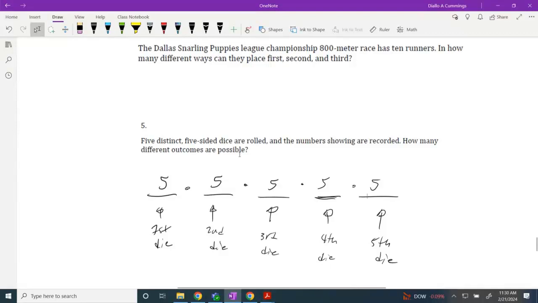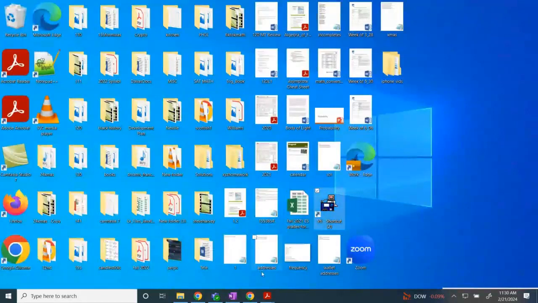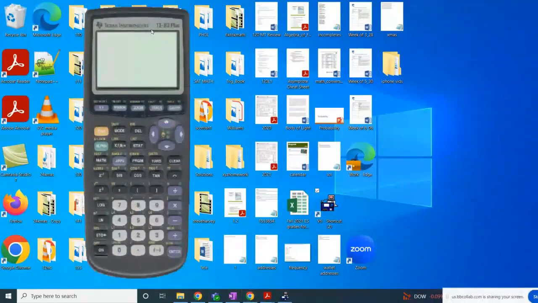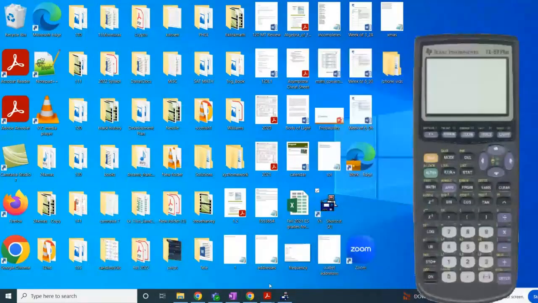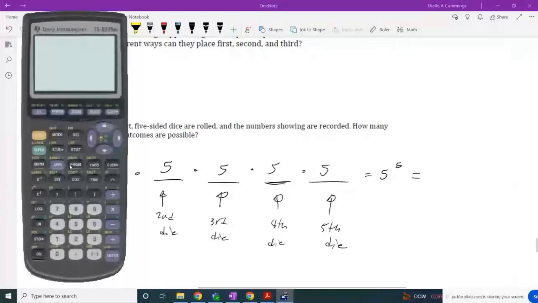So in order to determine how many different possible outcomes, we're just going to multiply all these together. All right, so that's 5 to the 5th power. And I believe 5 to the 5th power is 3125.